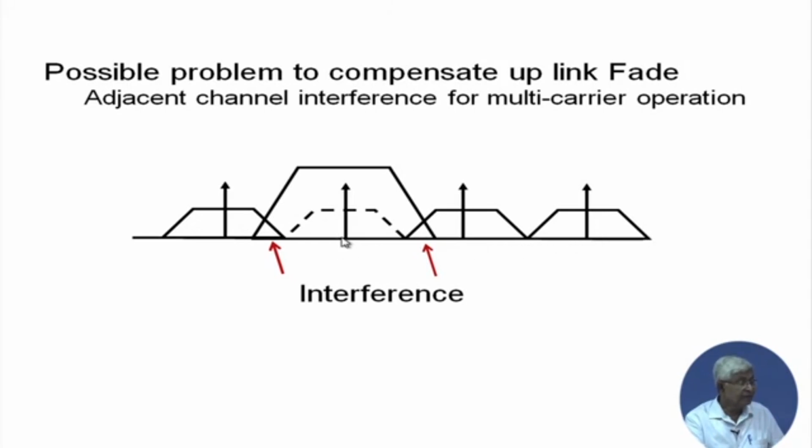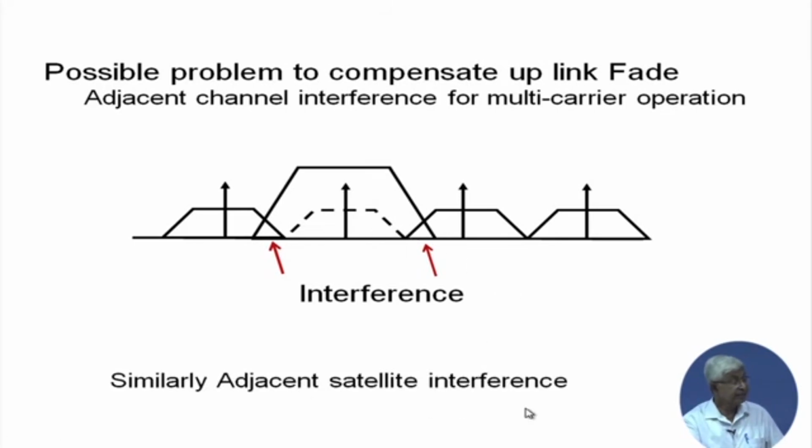Now, if I go on increasing the power of one of the transponders, some of the power will increase more and fall into the adjacent channels or adjacent transponder band. So that's called adjacent channel interference. Pictorially it is shown here. Similarly, adjacent satellite interference can occur from nearby satellites.